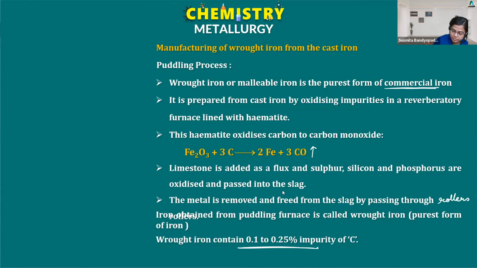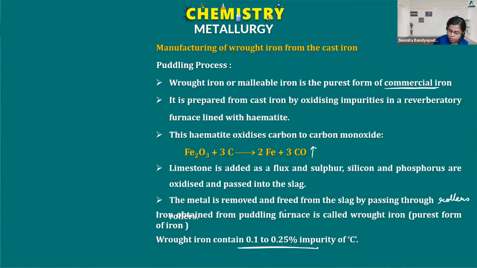In the furnace, when you pass air or oxygen, the furnace lining made with hematite will convert C into CO. Good thing. The impurities, silicon, sulfur, etc., get oxidized. SiO2, P2O5, SO2, etc., are formed. This will react with CaO and turn into slag and can be removed easily. Slag is a fusible mass.